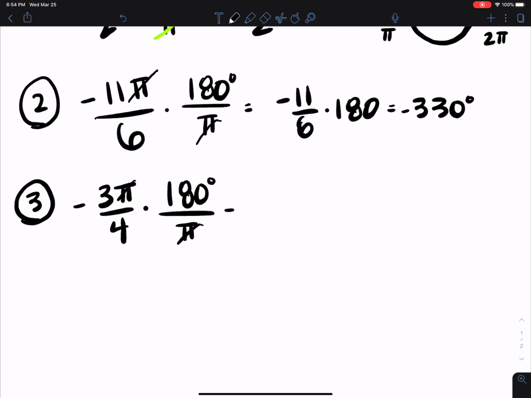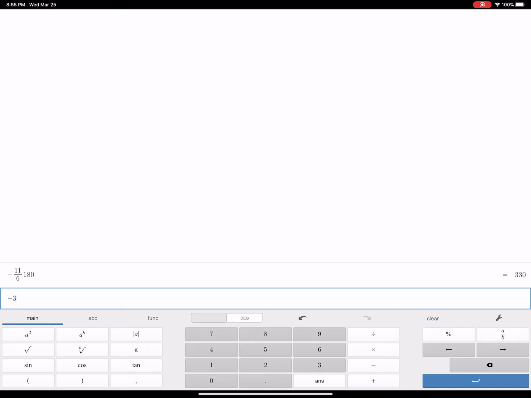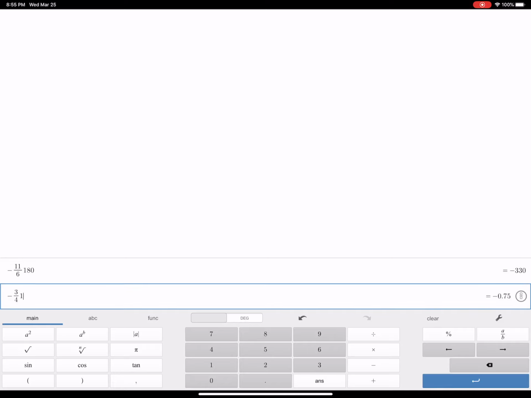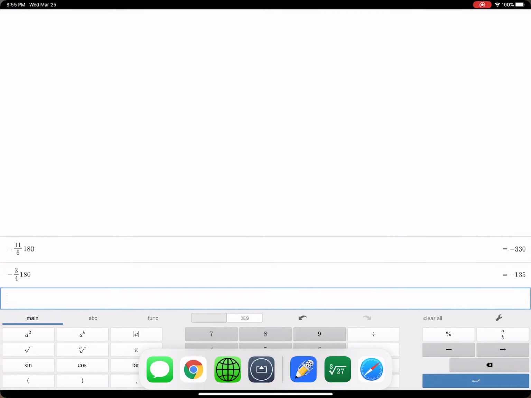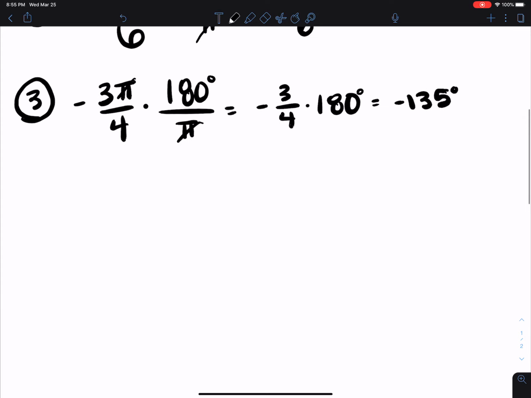The pi's cancel, so we get -3/4 times 180. That tells us that it is -135.